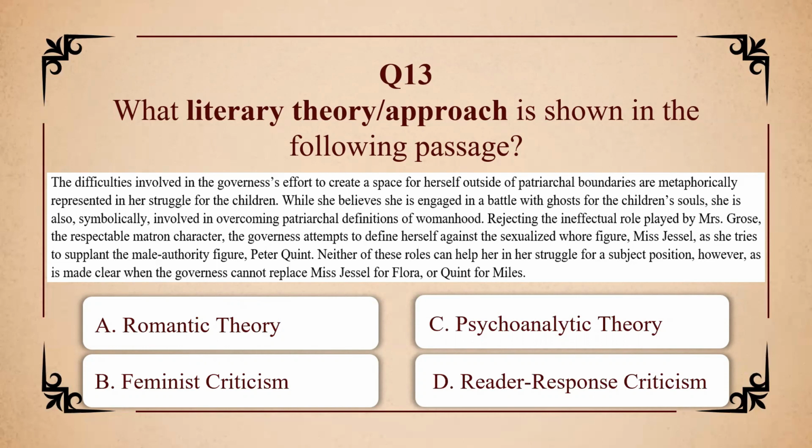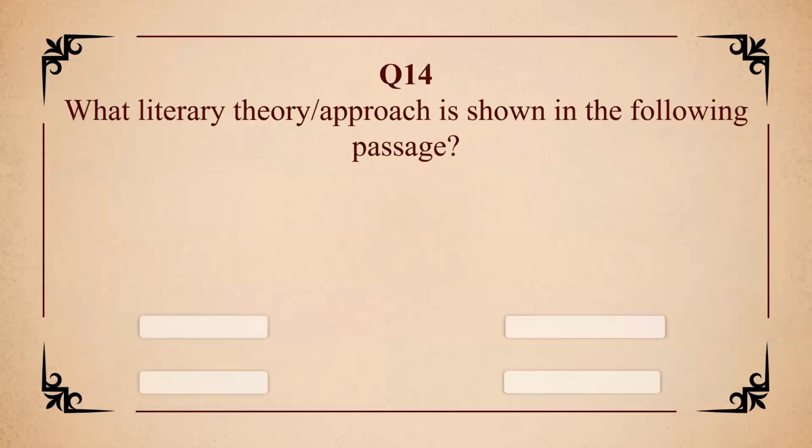A. Romantic theory. B. Feminist criticism. C. Psychoanalytic theory. Or D. Reader response criticism. That's correct. The answer is letter B. Moving on to number 14. Here is the passage.